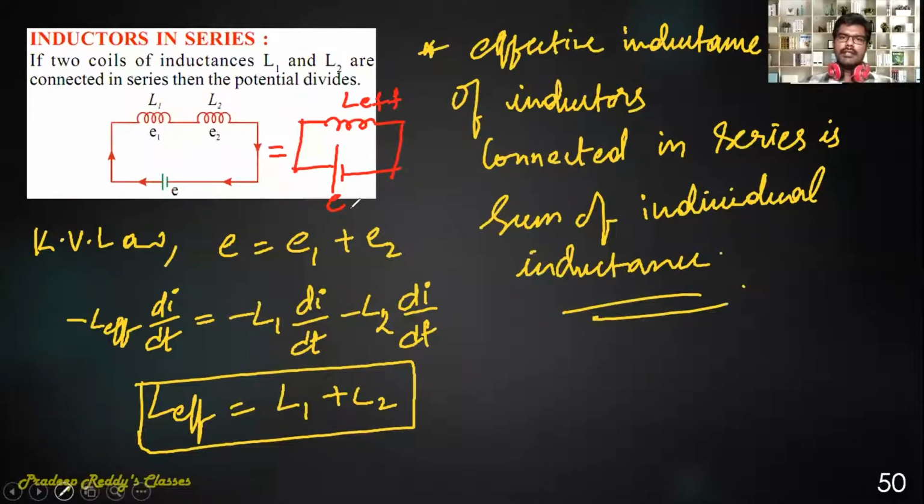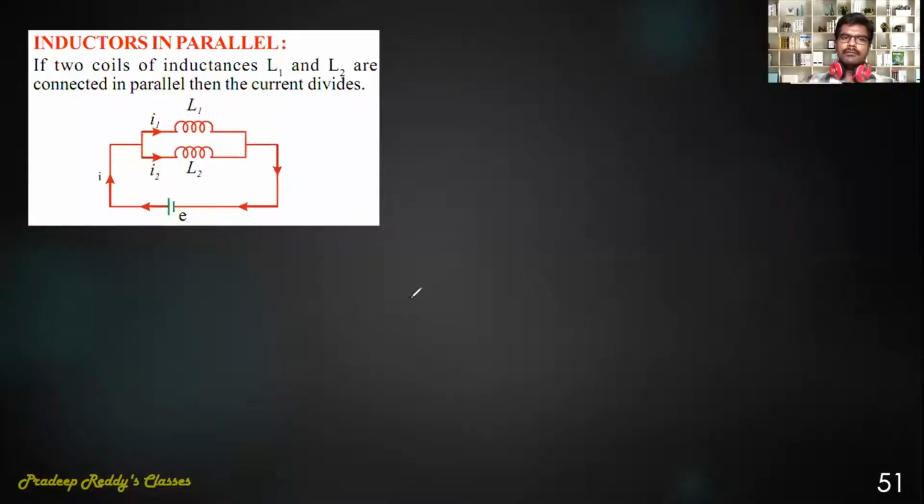So when inductors are connected in parallel, you can redraw this circuit as only one single inductor connected to the battery, and this has L effective.